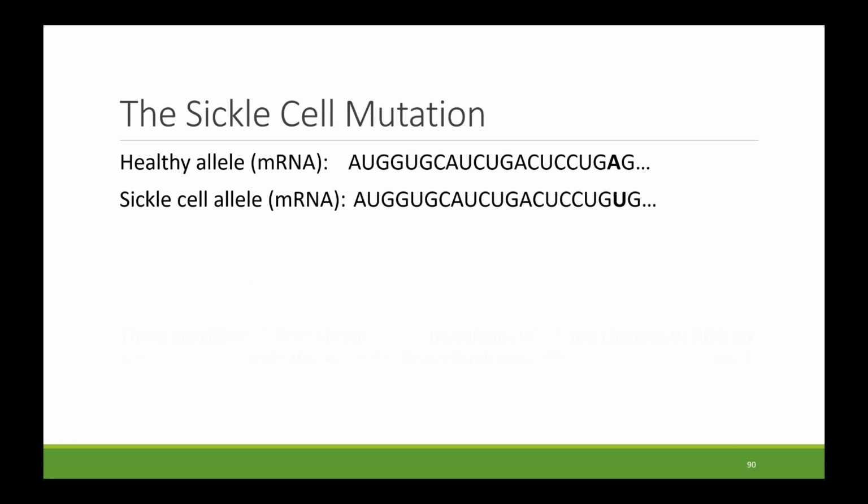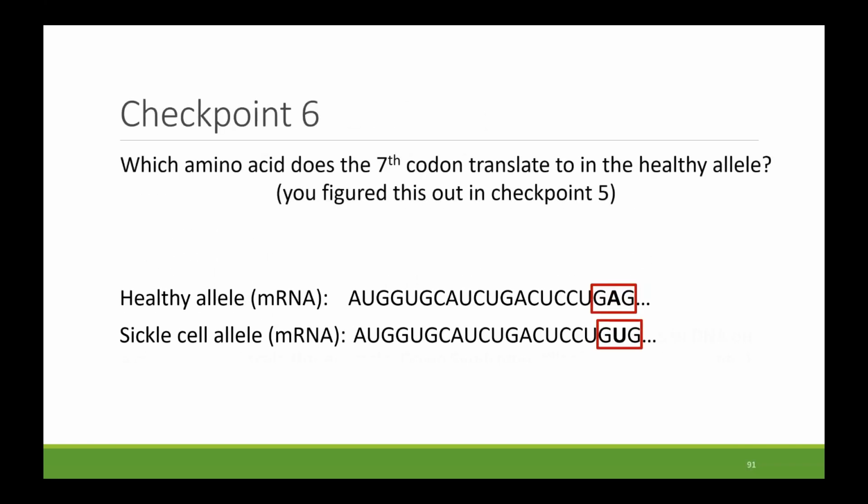And then in the normal allele, the messenger RNA would contain an A, but in the sickle cell allele, the messenger RNA contains a U. And then I'm going to ask you to complete the next step, which is the translation of the messenger RNA. How does the mutation change things in the protein?